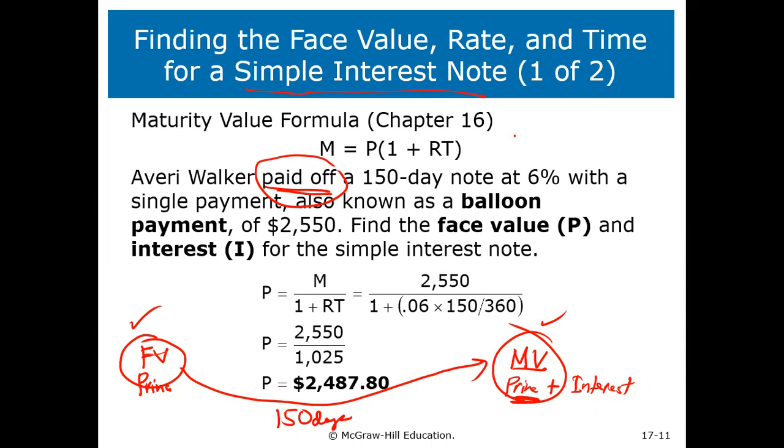So from our basic formula, the maturity value is equal to the principal plus the interest, right? And this is equal to P times (1 plus rate times time).